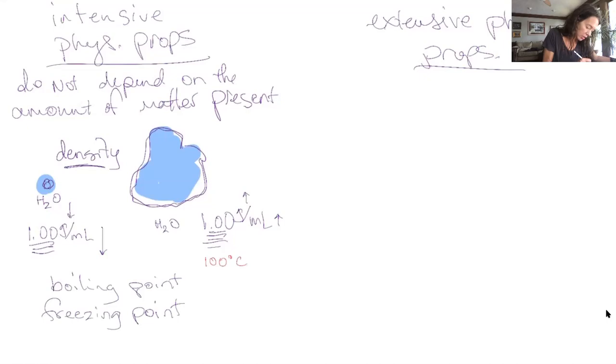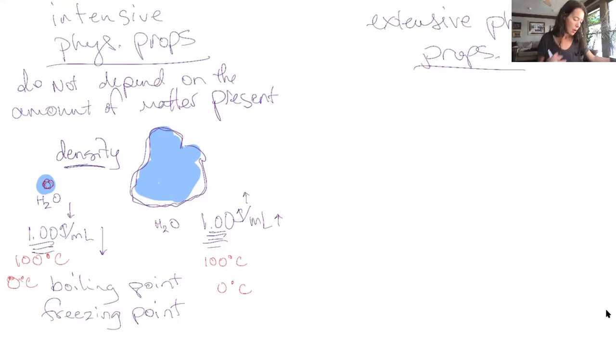The small sample of water is also going to boil at 100 degrees Celsius. It's just not going to take as long to get to that temperature. Freezing point. Well, the large sample is going to freeze at 0 degrees Celsius. And the small sample is going to freeze at 0 degrees Celsius. It's just going to freeze faster, right?